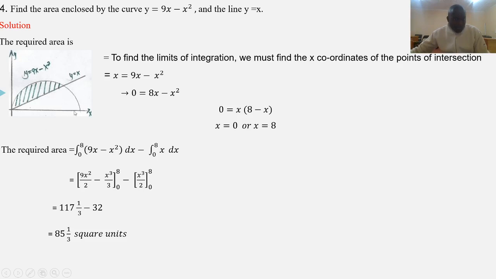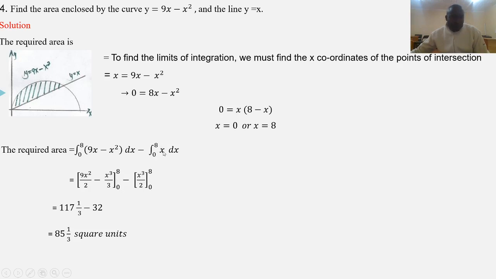So this integration gives you 9x squared over 2 minus x cubed over 3, with limits 8, 0.